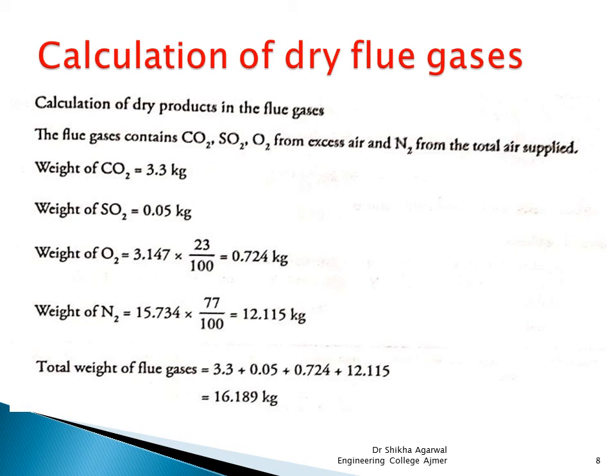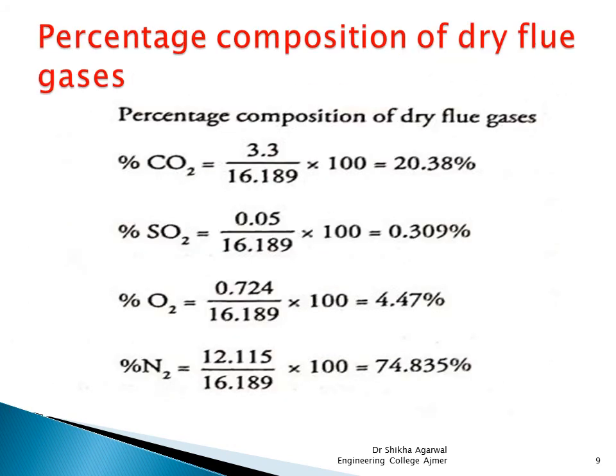Now we have to calculate the percentage composition of dry flue gases. So how we will do that, let us see. See, percentage carbon dioxide is weight of carbon dioxide upon the total weight of flue gases into 100. So 3.3 divided by 16.189 into 100, so that is 20.38%. Similarly, percentage sulfur dioxide is 0.05 divided by 16.189 into 100, so that is 0.309%.